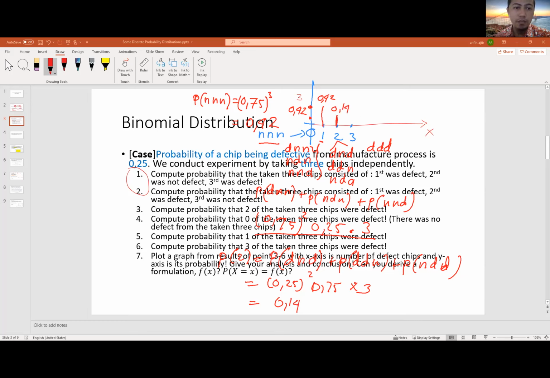How about the last one? It is 0.25 power by 3, which is 0.015.